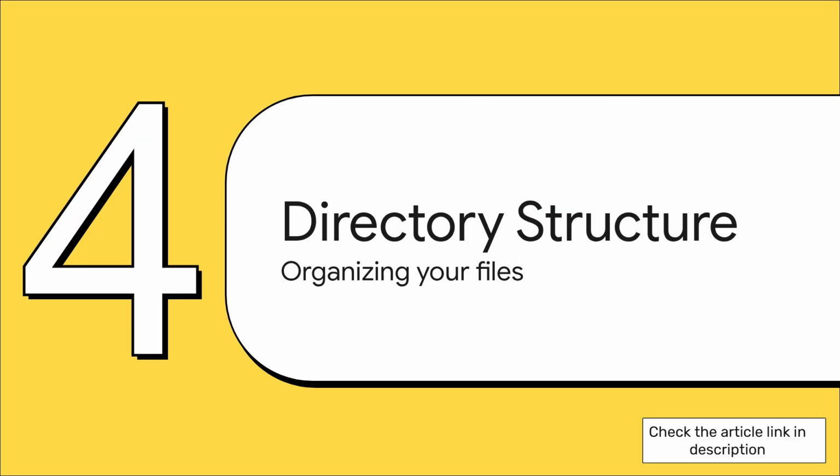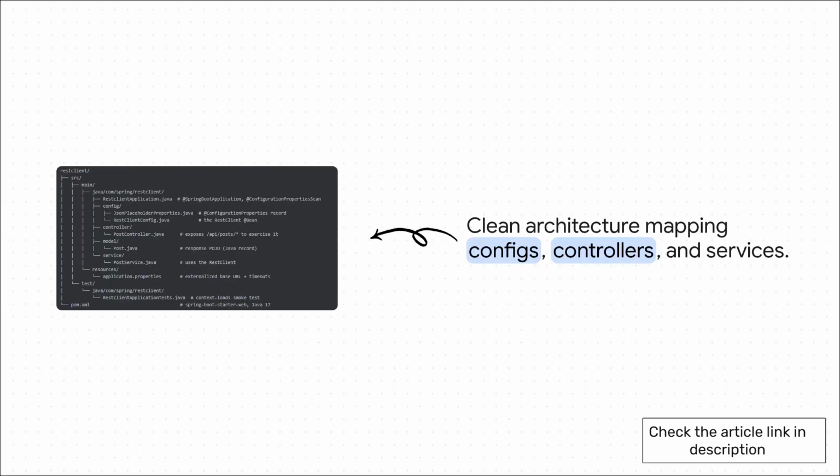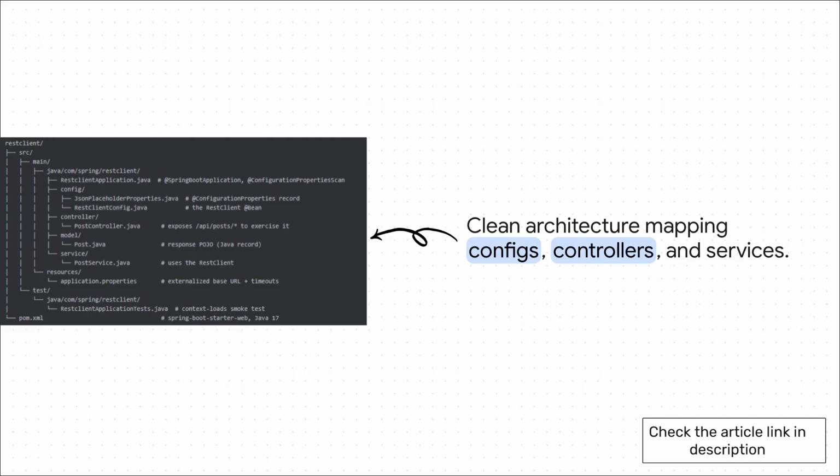Section 4. Application Directory Structure. Let's get organized. Now, what's really interesting is how we cleanly break down every single directory so you always know exactly where each piece lands. Starting from our root package, we have our main RestClientApplication.java file housing our Spring Boot application and configuration properties scan annotations. Then, notice our beautifully separated packages: a config package for our properties record and our RestClientConfig bean.